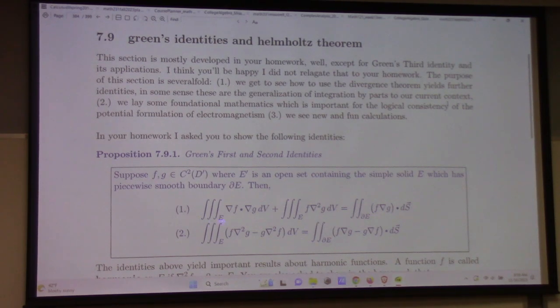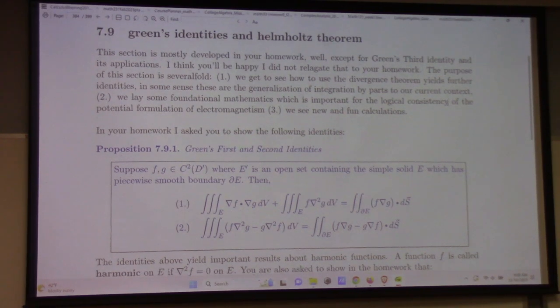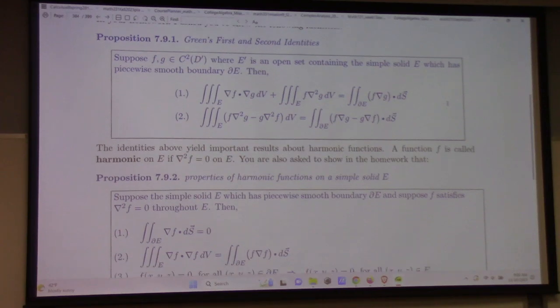I mean, it's a link between a triple integral and a surface integral, right? So this is going to be a derived consequence of the divergence theorem. And probably likewise down here, the symmetric one, so the difference of these two is equal to that. Great. These are Green's first and second identities. So those are kind of neat.